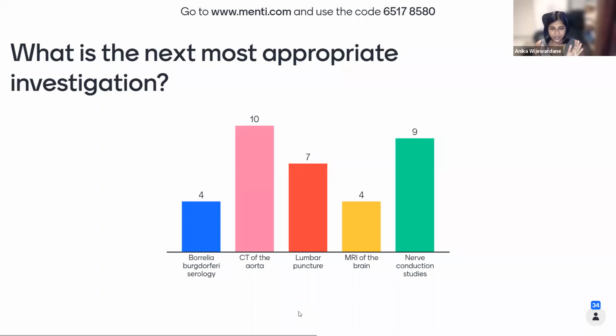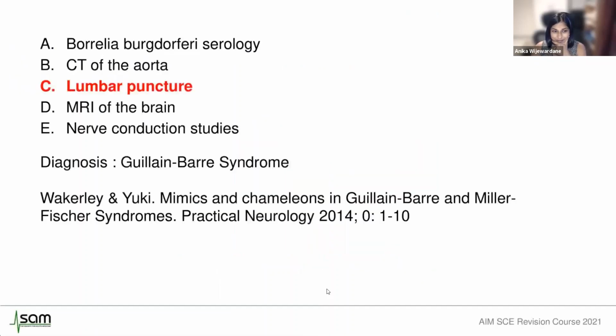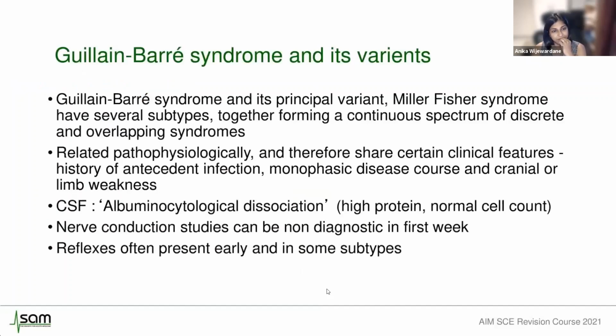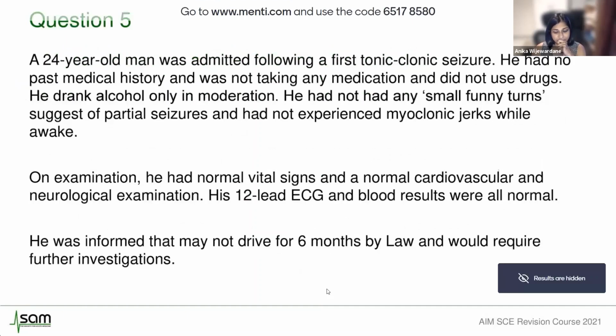But I think it was pointing us towards the symmetrical, peripheral, distal, motor sensory weakness, and then entertaining the diagnosis of the GBS type spectrum and going for lumbar puncture as the next most appropriate. So I agree it's not the most straightforward, but that paper is quite good at describing the atypical features of it as well.